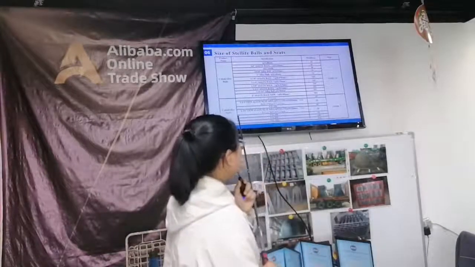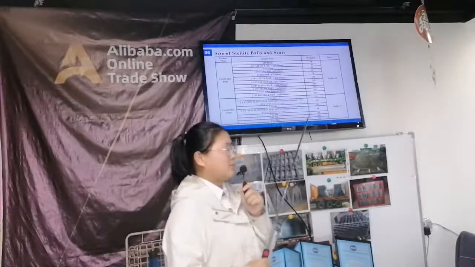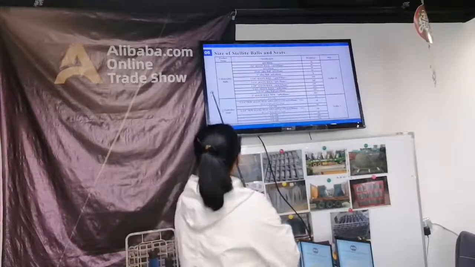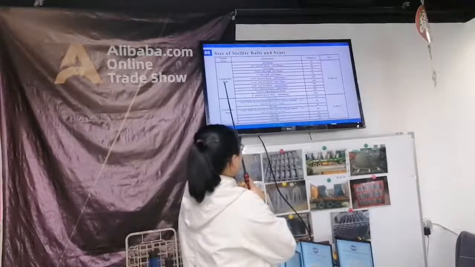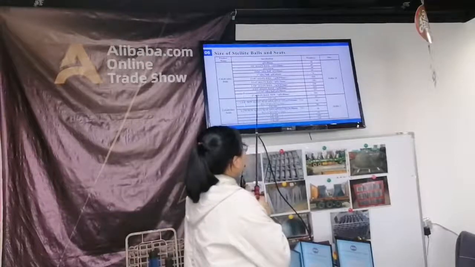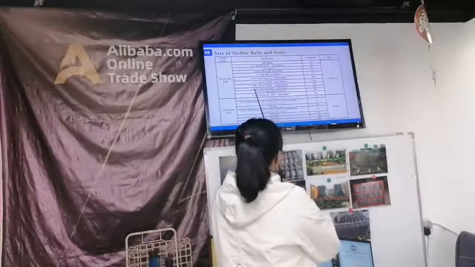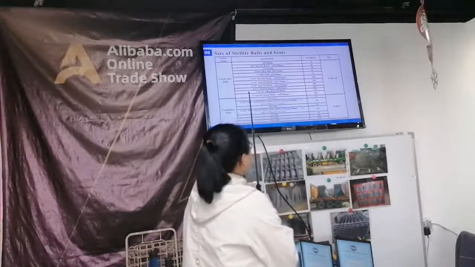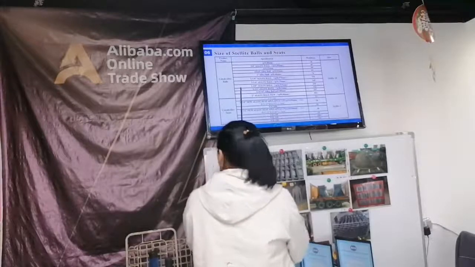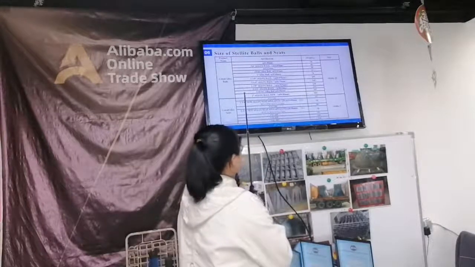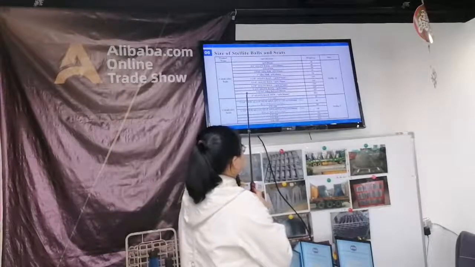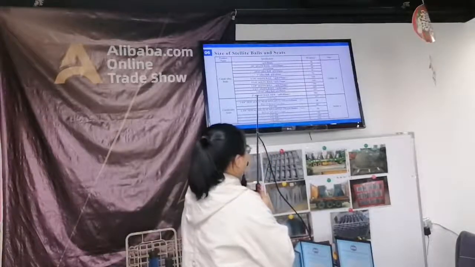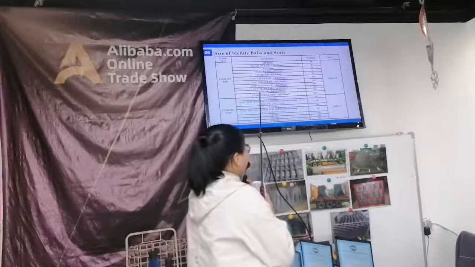Next, size of Stellite balls and seats. First one, cobalt alloy balls. First, specification. We have many different sizes for Stellite balls, such as diameter 15.88 mm, the unit weight is 18 grams.